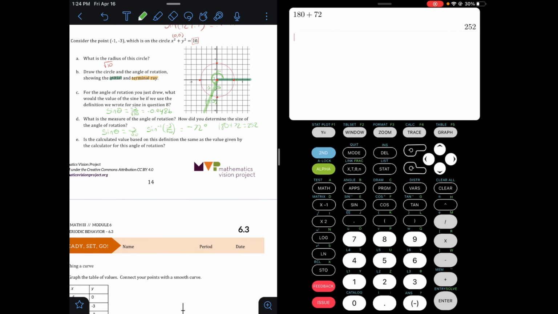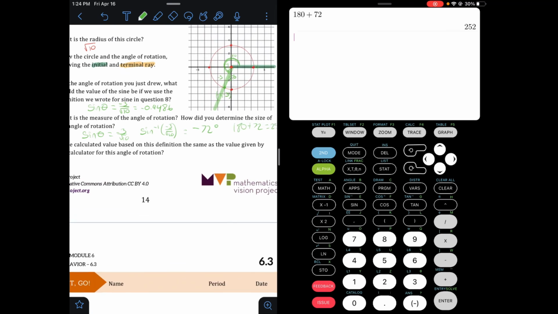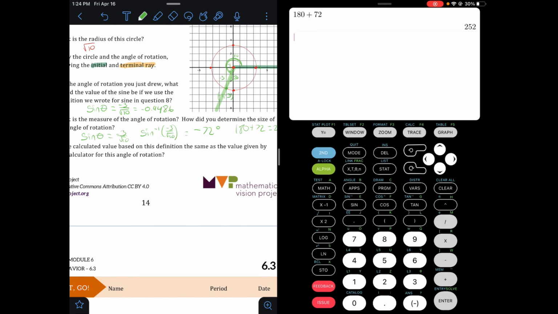Then it asks, is the calculated value based on this definition the same as the value given by the calculator for this angle of rotation? We said that sine of theta is going to give us -3 over root 10, which is equal to -0.9486.